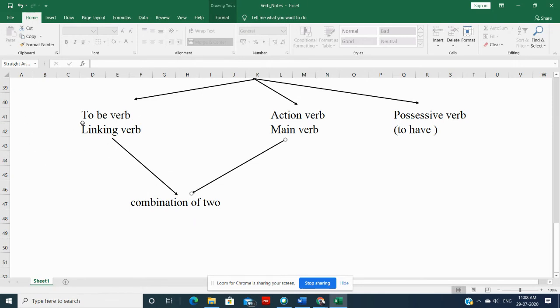So when we combine these two, that is to be and action, one more type of verb we are getting, and that is helping verb. Okay?